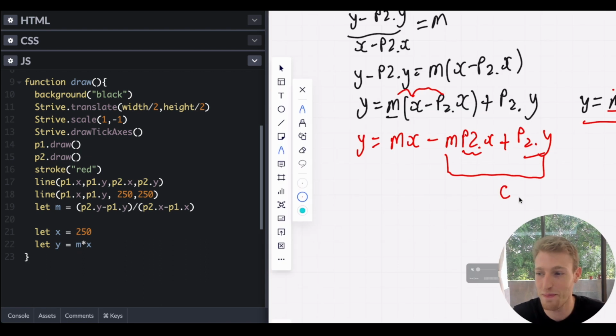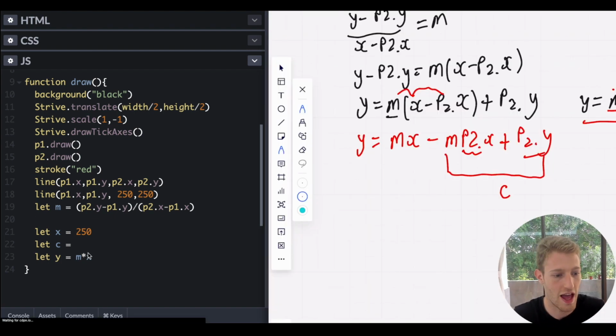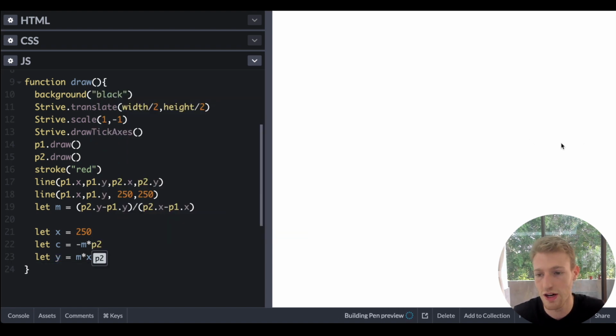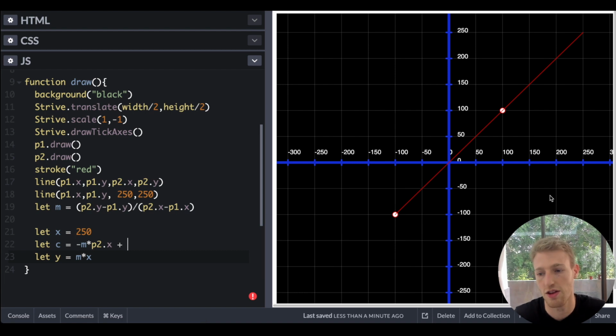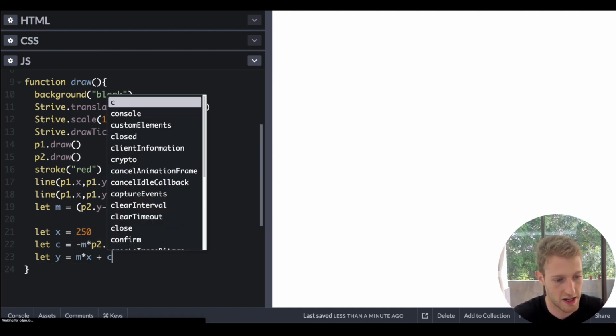Now that is just simply our c, right? That is our c value coming from there. So we can create another variable to say let c is equal to negative m times p2.x plus p2.y. That is the c value. And our y is then m times x plus c.